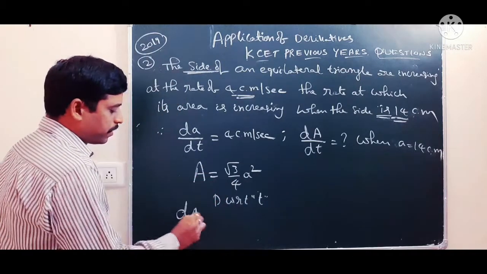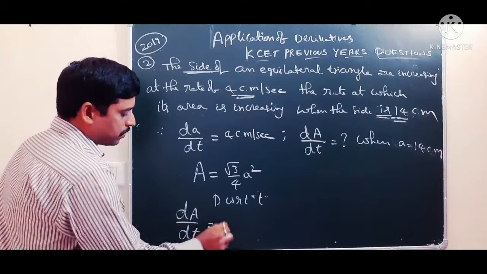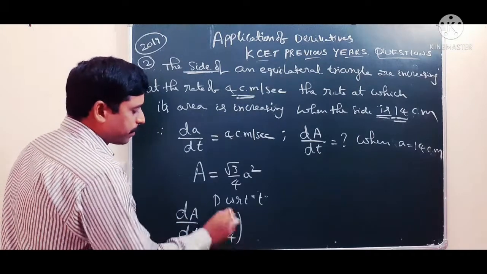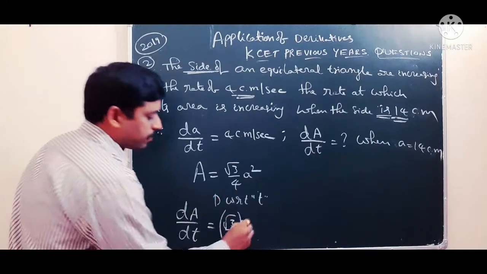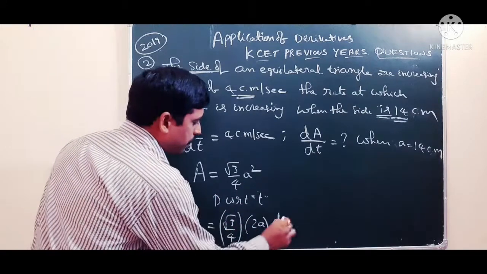Differentiation of A, we get dA by dt; root 3 by 4 is constant. Differentiation of a square is 2a into dA by dt.